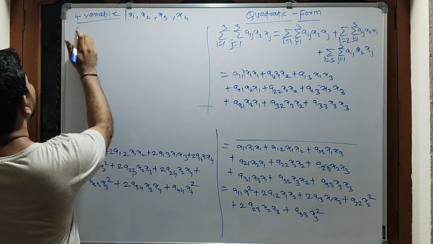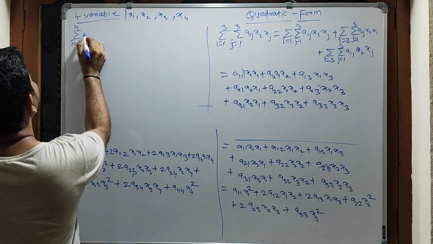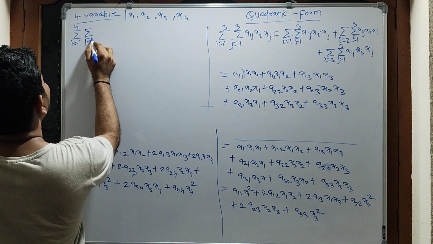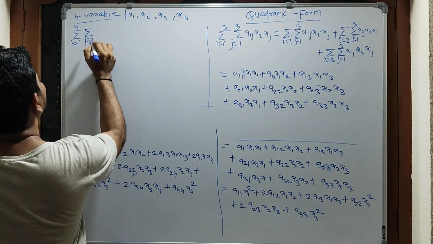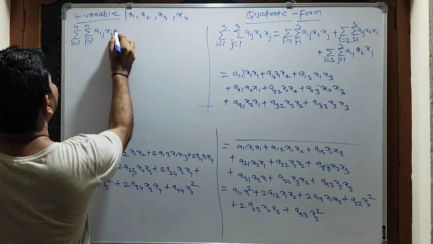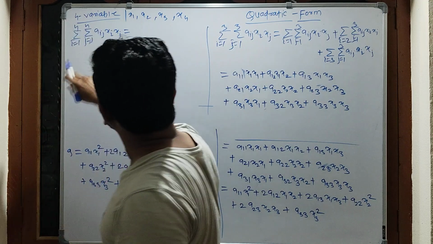So this is equal to the quadratic form in 4 variables, that is, i running from 1 to 4, j running from 1 to 4. Sorry, this is 1 to 4. So that is a_ij x_i x_j.